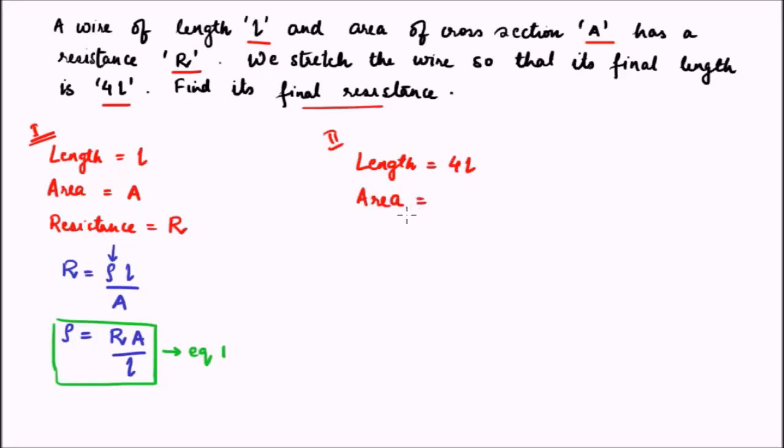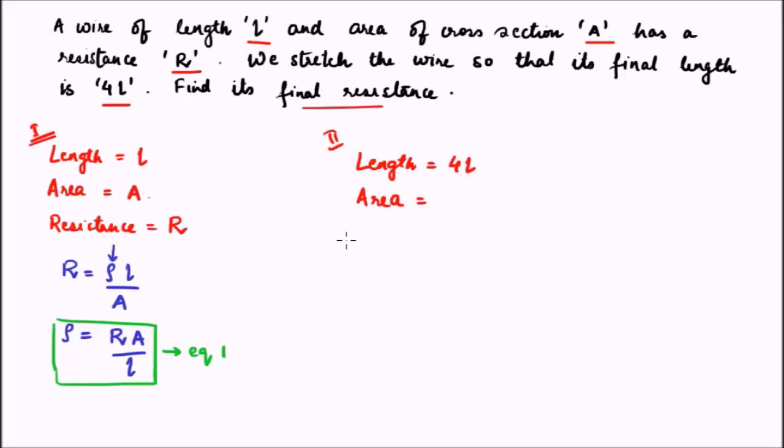But as you can imagine, if you take a wire and stretch it, then the radius or the area of cross section of the wire will reduce, right? Because the wire is extending, where is the material coming from? It is becoming thin. Therefore the area will not remain A. It will change. By how much will it change?